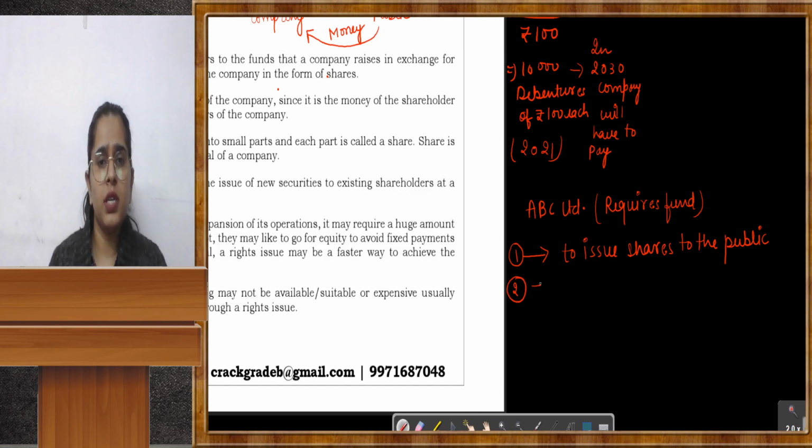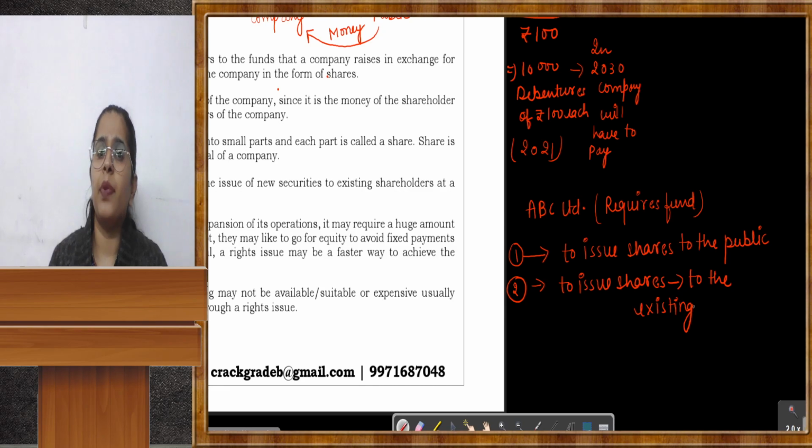The next option is also to issue shares, but this time these shares can be issued to the existing shareholders.